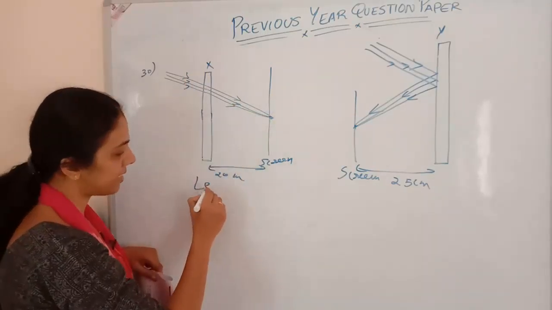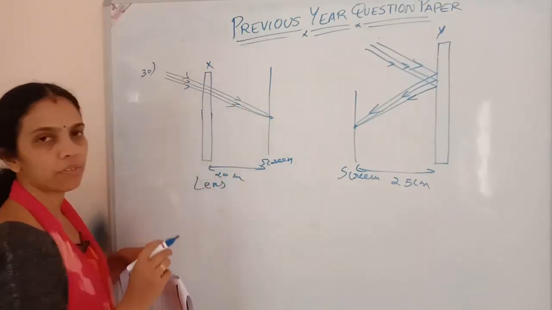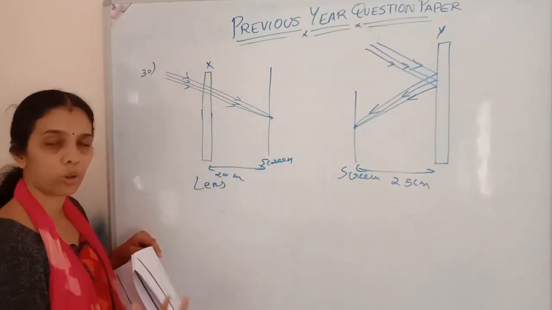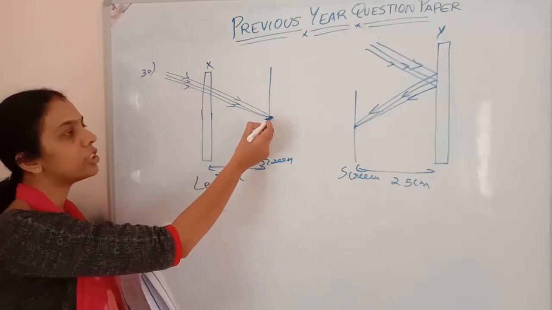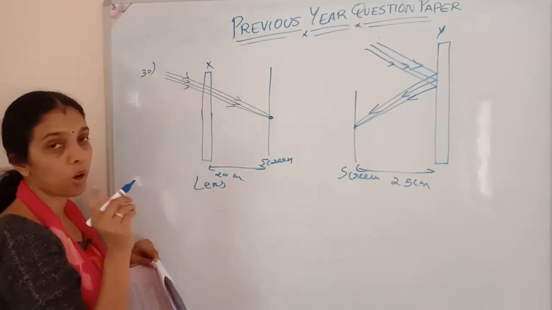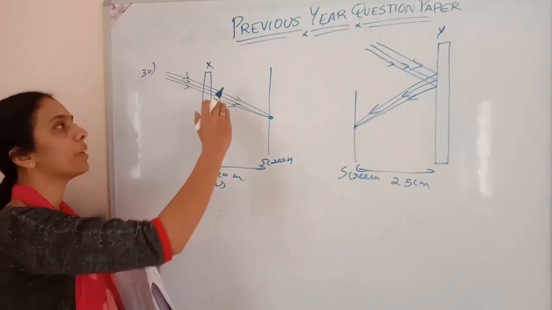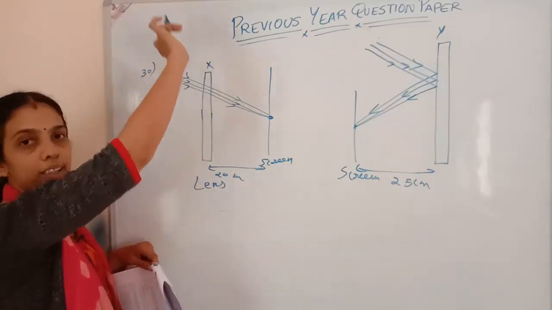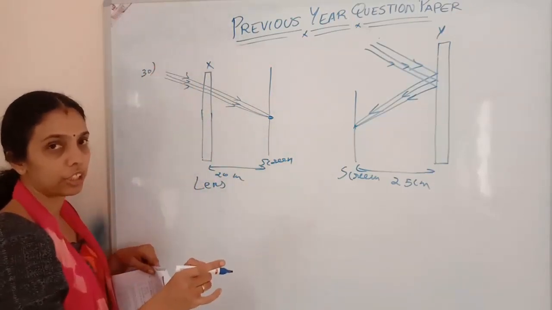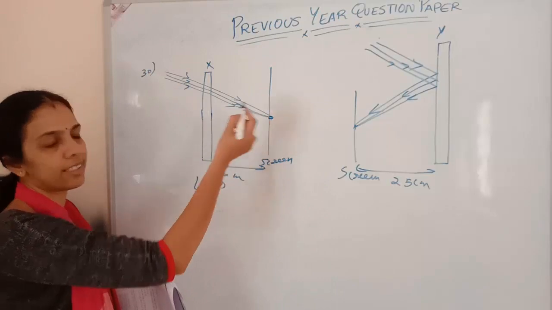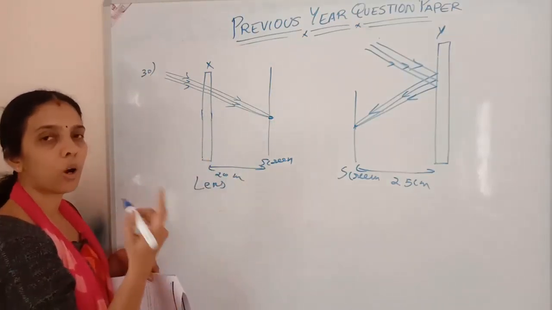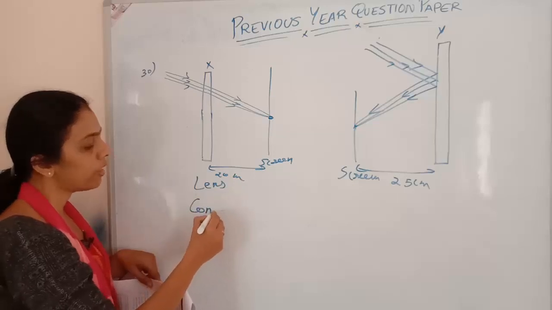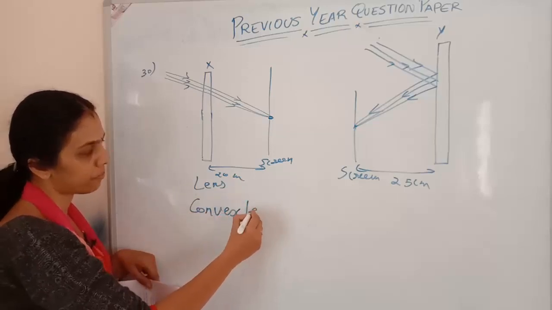So this will be a lens. Now we should identify whether it is a convex lens or a concave lens. Here it is converging to a point, it's not diverging. If rays incident and go back on the same side, it would be a mirror. Now it is a converging lens, the other name for which is convex lens.